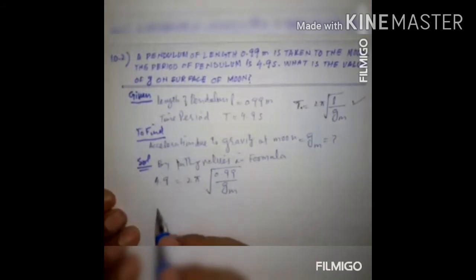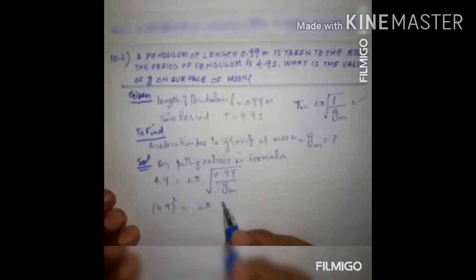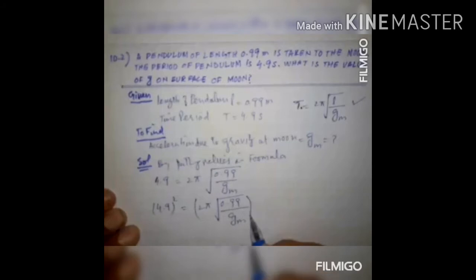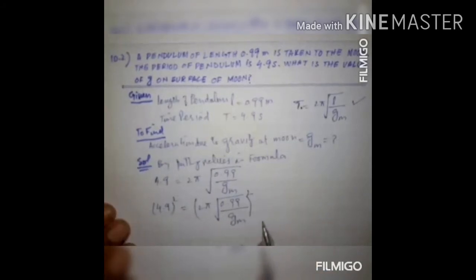Again taking the square on both sides, 4.9 whole square is equal to 2 pi square root of 0.99 over gravity at the moon, whole square. We will get 4.9 square, which is 24.01, is equal to 4 pi square into 0.99 over gravity at the moon.